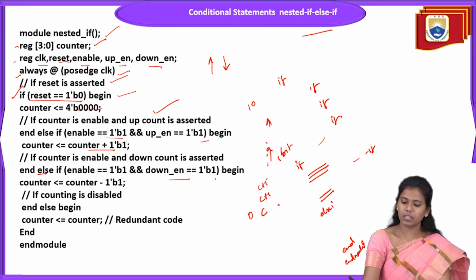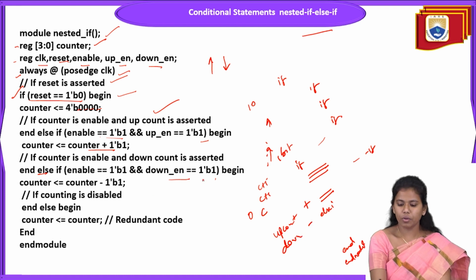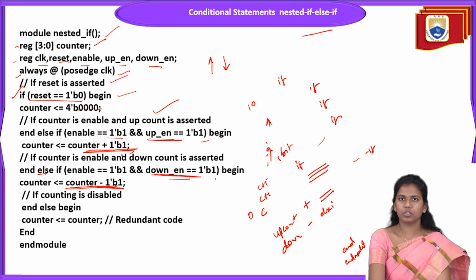If it is up counter, it counts plus. If it is a down counter, minus. So here down and 1 bit, it begins the counter minus 1. So the counter is less than or equals to counter minus 1. If it is enabling down counter, counter minus 1. Enabling the up counter, counter plus 1. This is a difference that you need to observe.